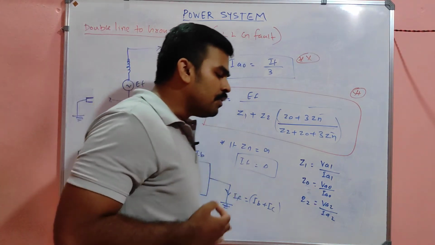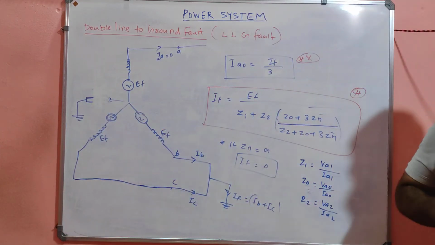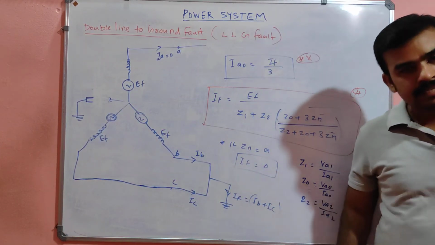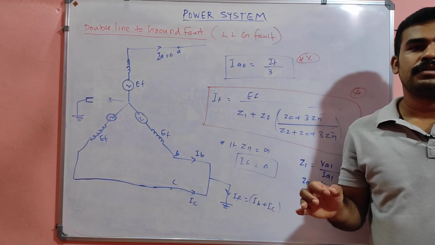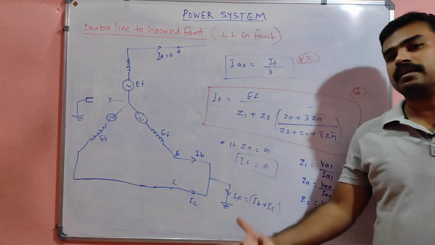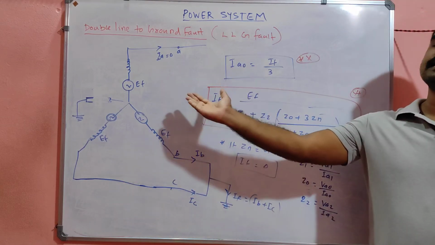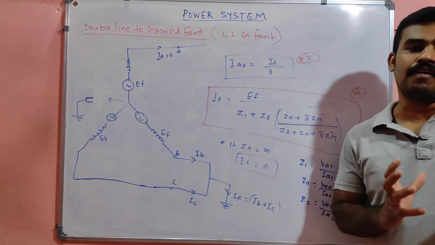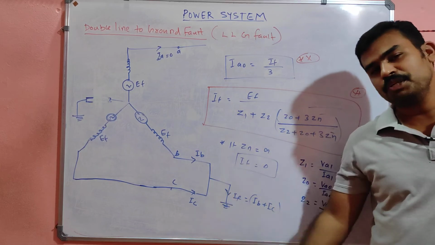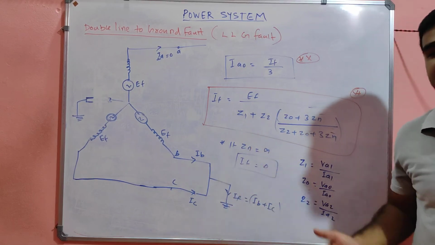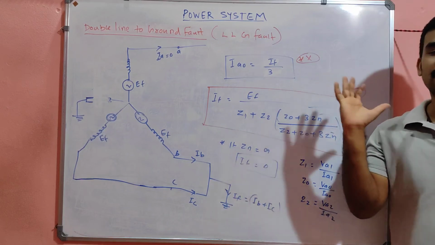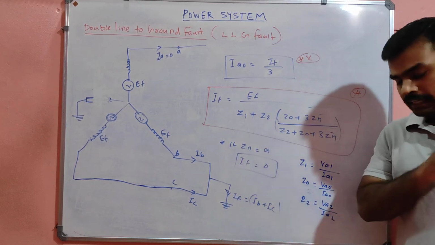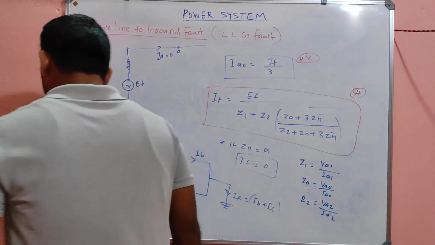So the conclusion is that whenever there is a connection of the fault with the ground and a continuity of fault current with the neutral of the alternator, there will be a zero sequence component of fault current. Otherwise there will not be any.